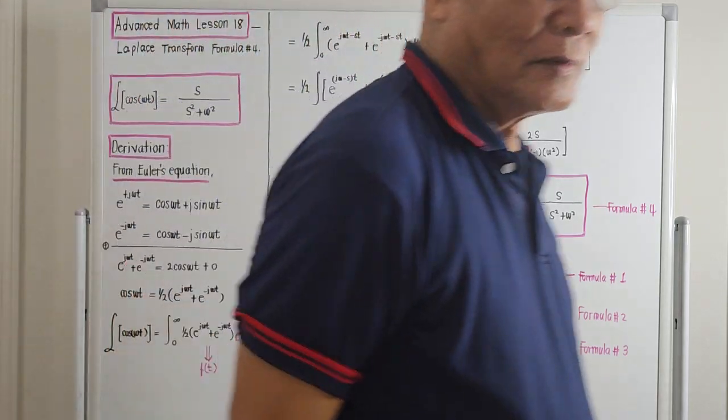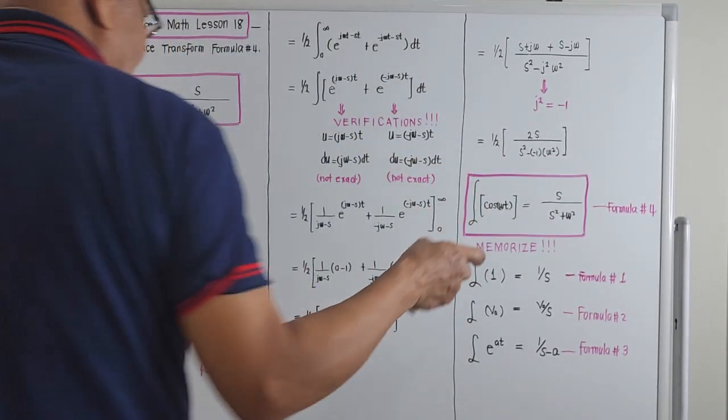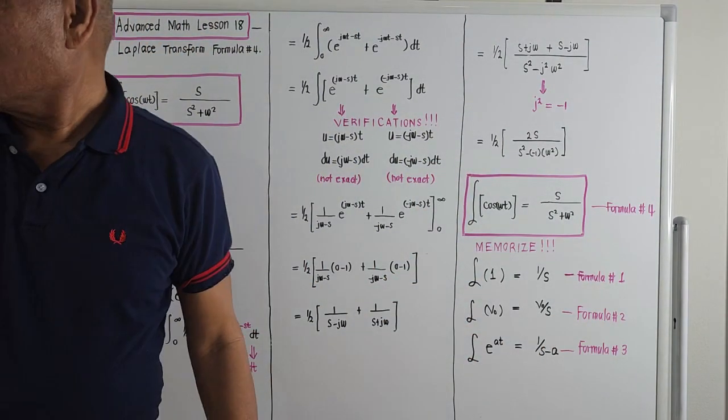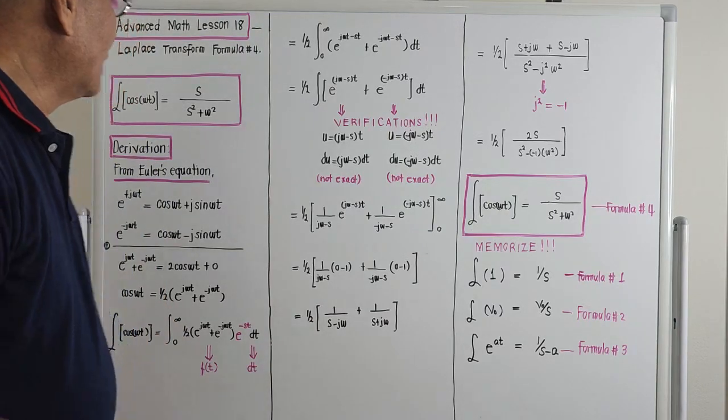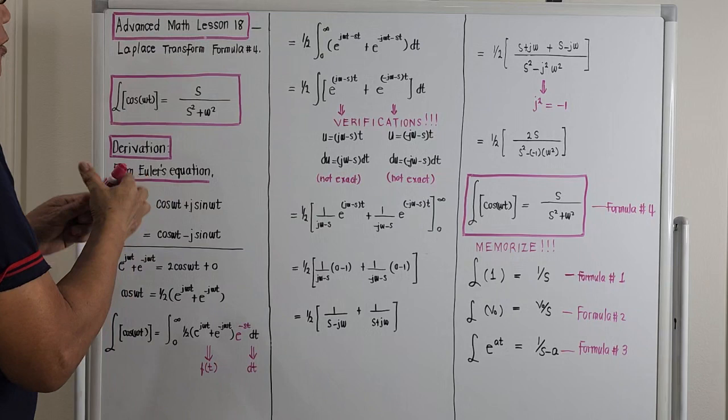I will check my camera. My lesson for this morning, it's March 11 here in Los Angeles, around 12:11. My topic will now be Advanced Mathematics lesson, this is now number 18.